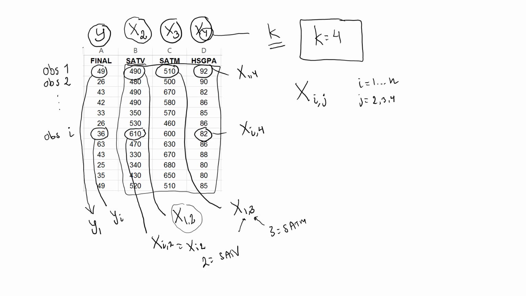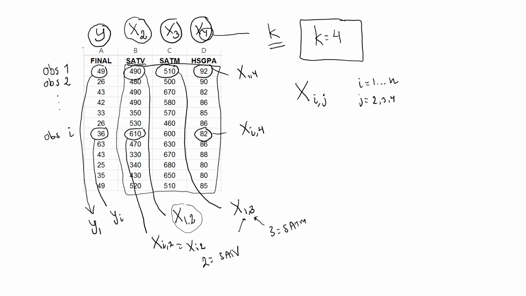I should warn you that perhaps half of the literature would use the symbol k to represent the number of explanatory variables. So they would use k equal to 3 for my data set. And the other half uses this notation that k is 1 plus the number of explanatory variables.